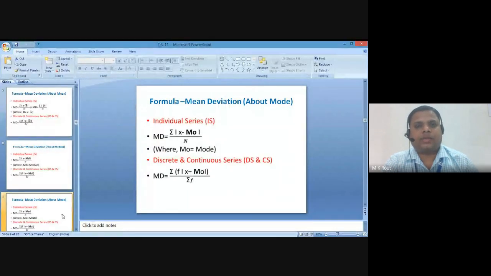In case of continuous and discrete series, the mean deviation about mode equals the summation of f into |x minus mode| divided by the summation of f. You must put x minus MO in modulus, because in case of modulus you just ignore the positive and negative signs.